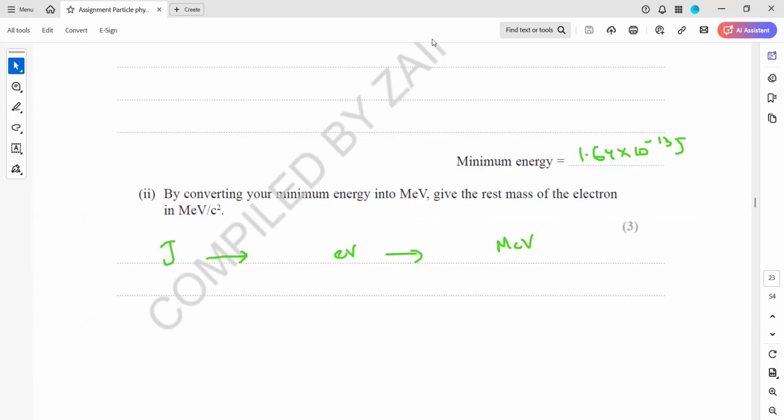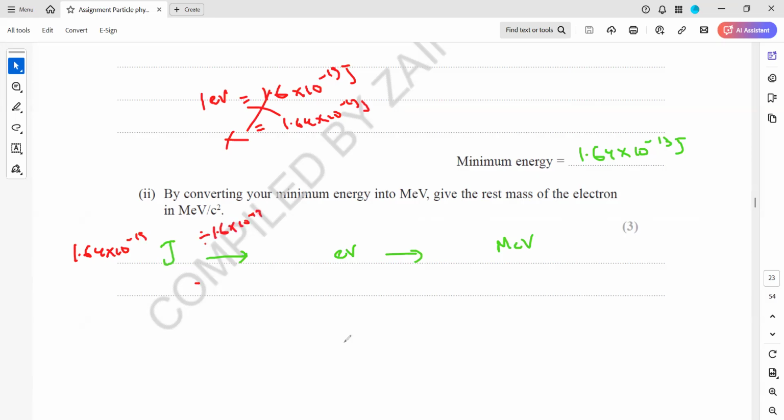If I want to convert joule into electron volt, we know one electron volt is equal to 1.6 times 10 to the power minus 19 joules. So we have 1.64 times 10 to the power minus 13 joules, and this will be x. Cross multiplying, we divide it by 1.6 times 10 to the power minus 19.